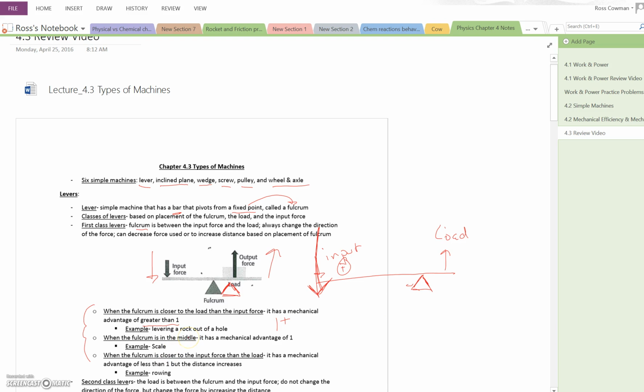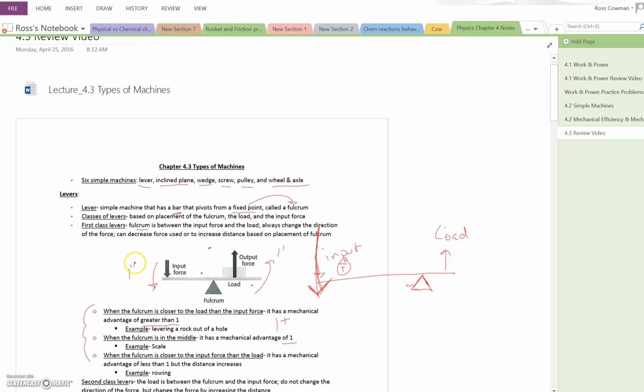If it's perfectly in the middle, like right here in this picture, it has a mechanical advantage of exactly 1, meaning it doesn't multiply. There is no mechanical advantage of like 2 or anything like that. It's going to be exactly 1. So I push down with 1 Newton, it goes up with 1 Newton. That makes sense because this is only going to travel down, let's say 1 foot, and this will travel up 1 foot.